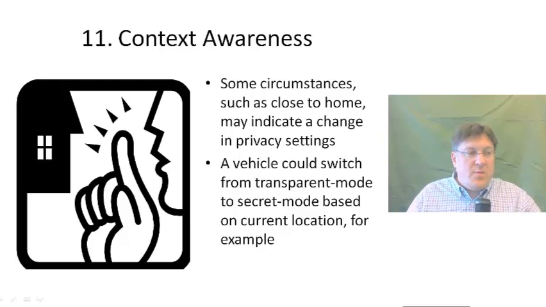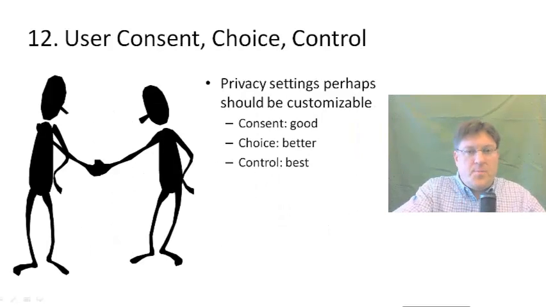There may be times when you are by a government building, say, and you want to go transmission identity transparent. There might be other contexts, maybe who's driving the vehicle may have an effect on the context. The idea is the privacy system should be aware of its context and set itself based on the right conditions.